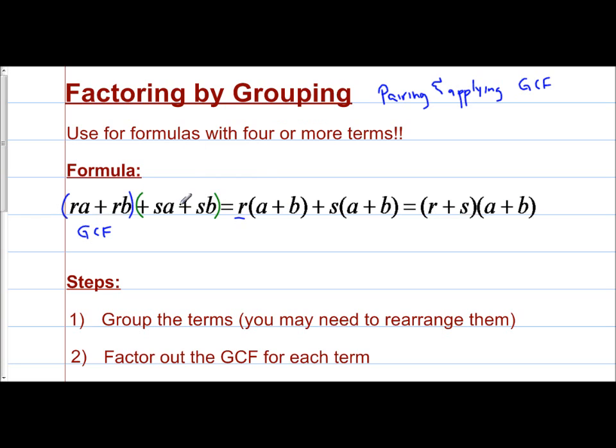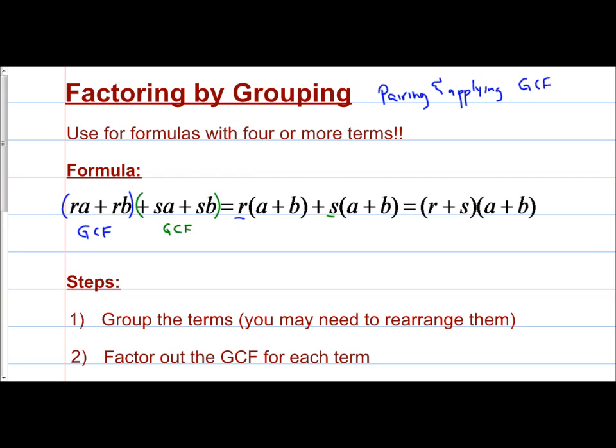If I look at this second grouping, I have SA plus SB. There's another GCF in this grouping, and that GCF is S. So if I take out that S, again, I'd be left with just A plus B. And so now if we look at this step, we really have two terms, this R times A plus B and this S times A plus B. And we notice that they both have an A plus B in common.